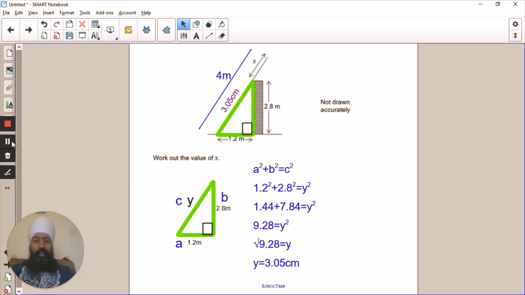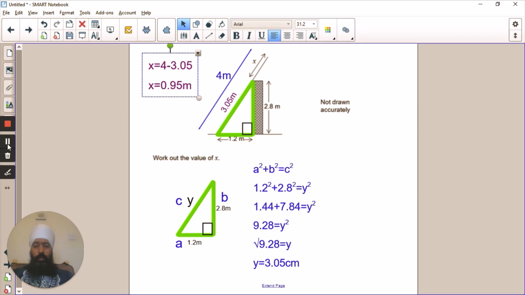Right, I'm just going to add that to the diagram now. So the part of the ladder, which we calculated, is 3.05. And my last step, nice and easy, it's just a subtraction. 4, take away 3.05, which will give me that part of the ladder X. Okay, so 4 take away 3.05 is equal to 0.95 meters, and that's my value for X.